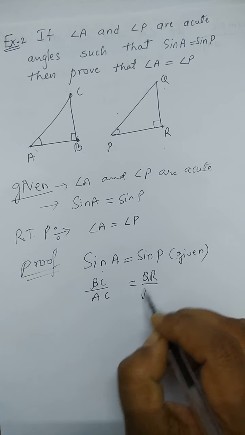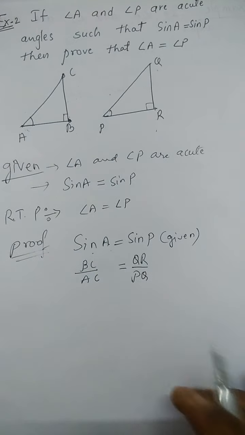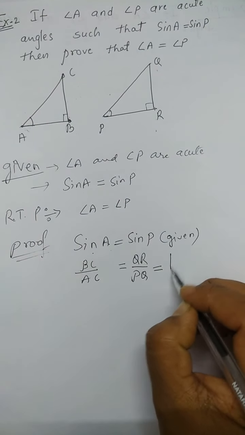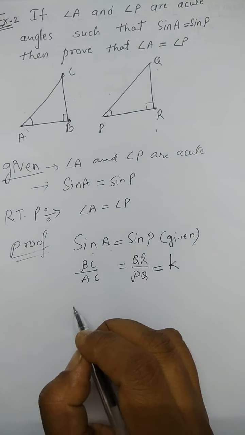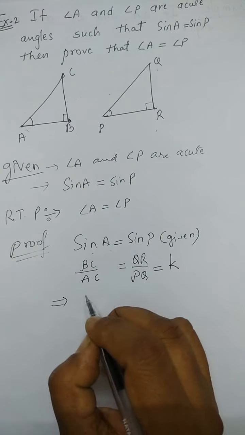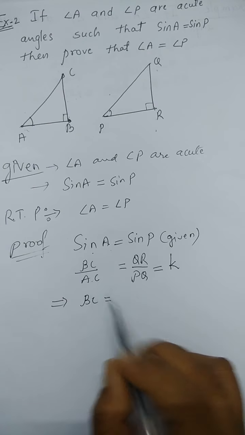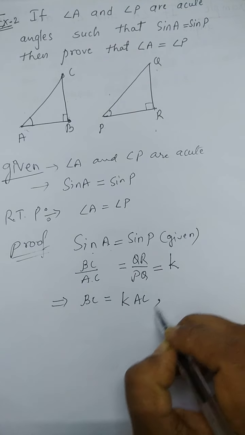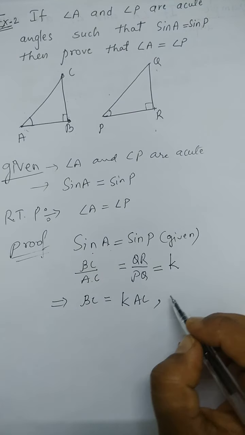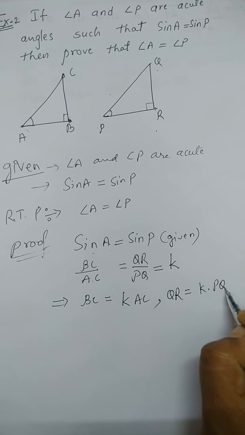QR upon PQ. As this is a ratio, let us take it as K. Suppose this is K. Now, from this, BC will be equal to K into AC, and QR will be equal to K into PQ.